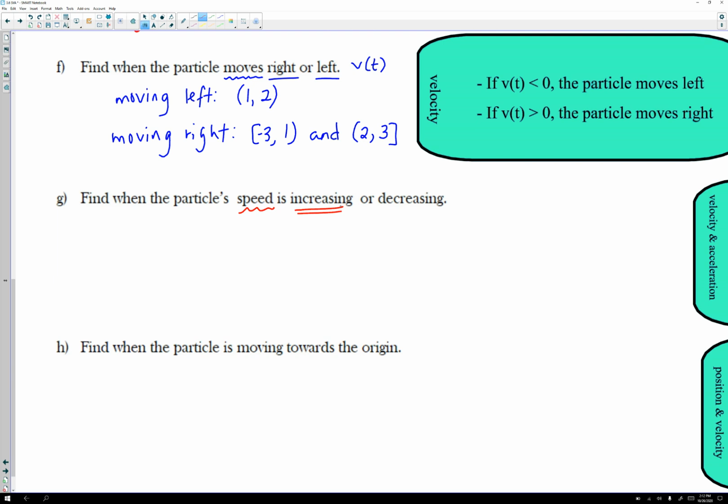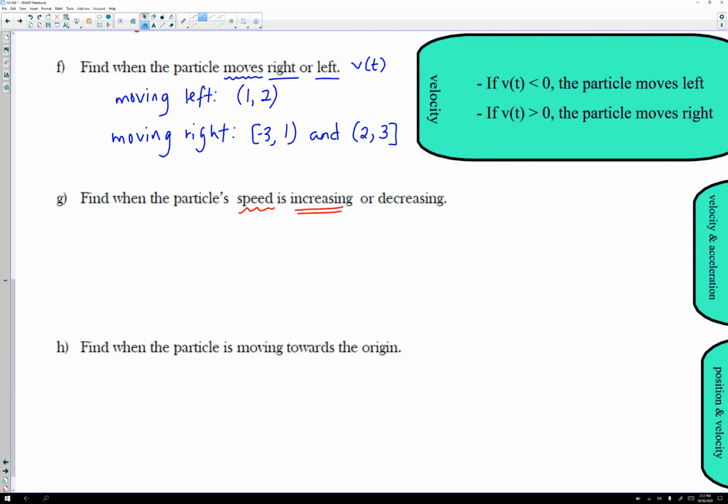It doesn't matter which way the runner's running on the track, as long as the wind is behind him and going in the same direction. And if the speed is decreasing, that would be like the runner is running into the wind. So the runner's direction is the opposite of the wind's direction. So your velocity and acceleration would be different signs. One's positive and one's negative.